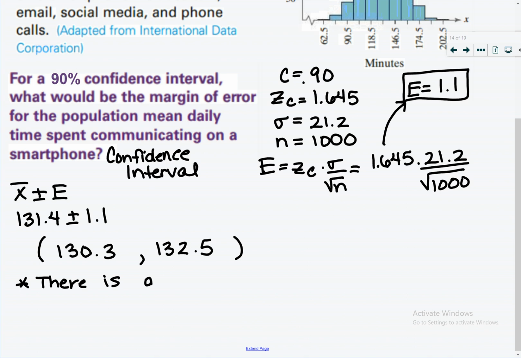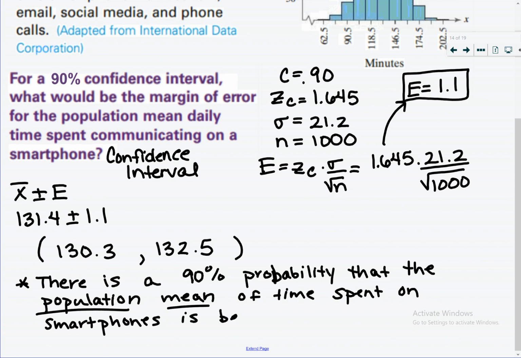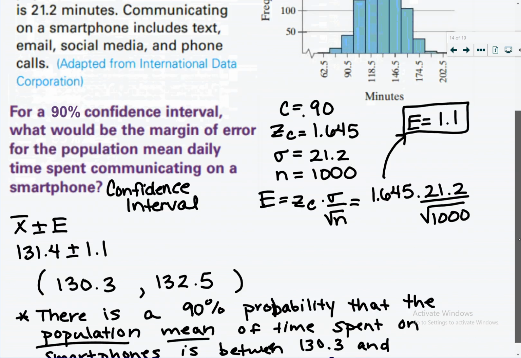There is a 90% probability that, and this is important, what we're estimating here is the population mean of time spent on smartphones is between 130.3 and 132.5. Was it minutes? What did they label that? Yeah, minutes.